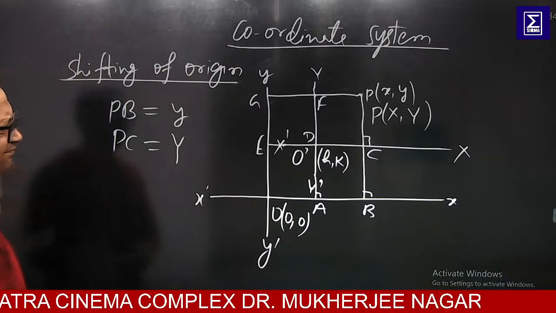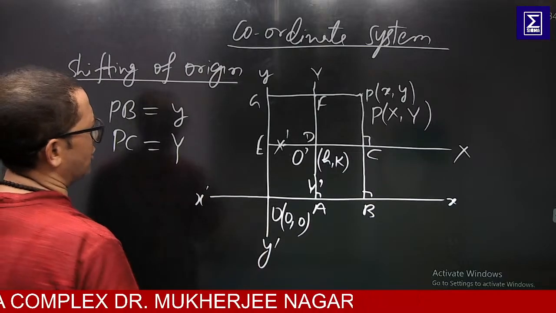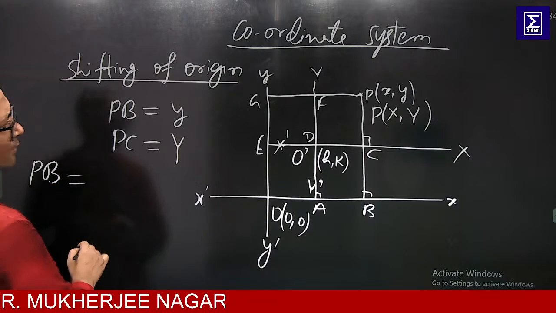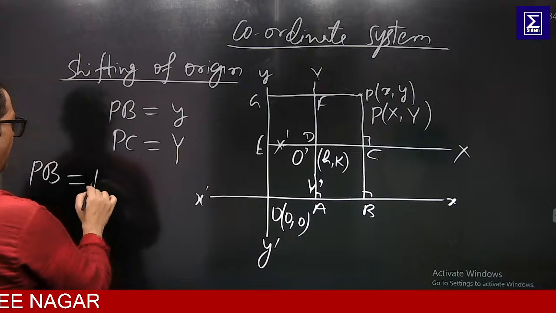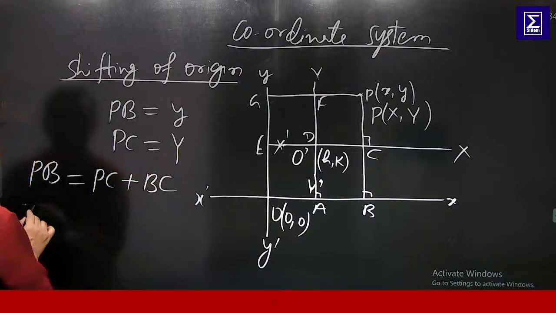So we have to find the relation. So can we write PB is equal to PC plus BC. So what is PB?